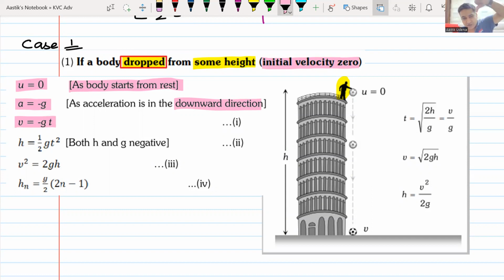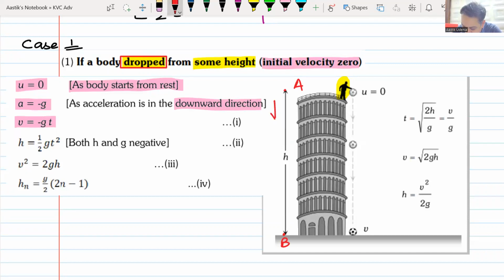Its displacement is downwards, so delta r is downwards. g is also downwards. So if I write the equation for displacement, it moves from the highest point A to the lowest point B. It moves in this direction, so the displacement is negative. Do we understand this? Yes or no, my dear friends?